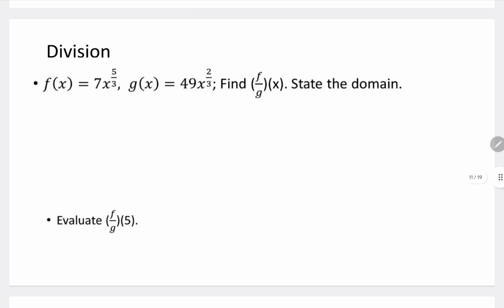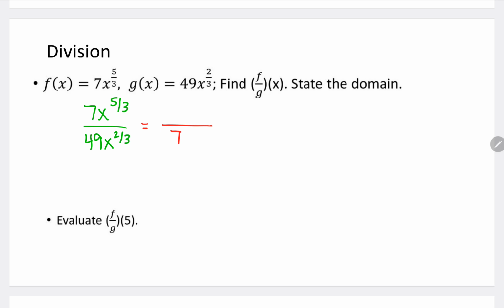One more. Again, we're taking f divided by g. Pay attention to which one goes on top and which one goes on bottom. This time there are no even roots, but there is an x in the denominator, so that is going to limit the domain. When we simplify this, 7 divided by 49 is 1/7, or we put a 7 in the denominator.